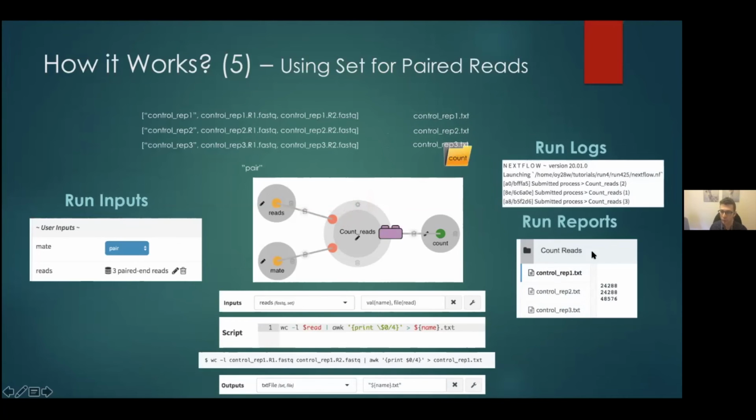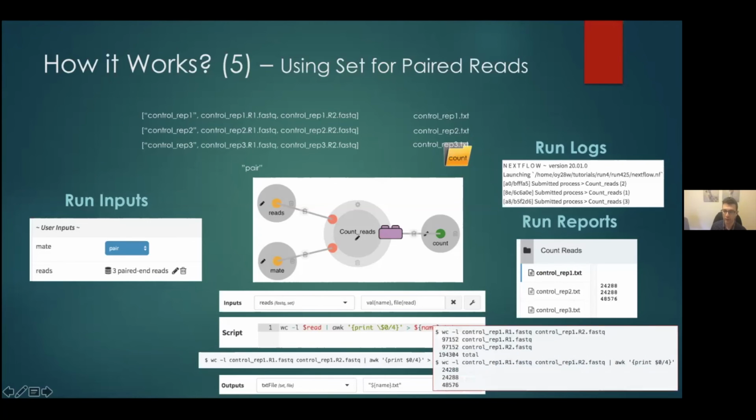Let's have a look at the run reports. For the control rep one, I can see that there are 3 lines. The first 2 lines are just the read counts for each file, but this looks weird. This is the total amount. The reason we are getting this third line is this: if you execute a wc -l command with just one file, it will print only that file's count value.